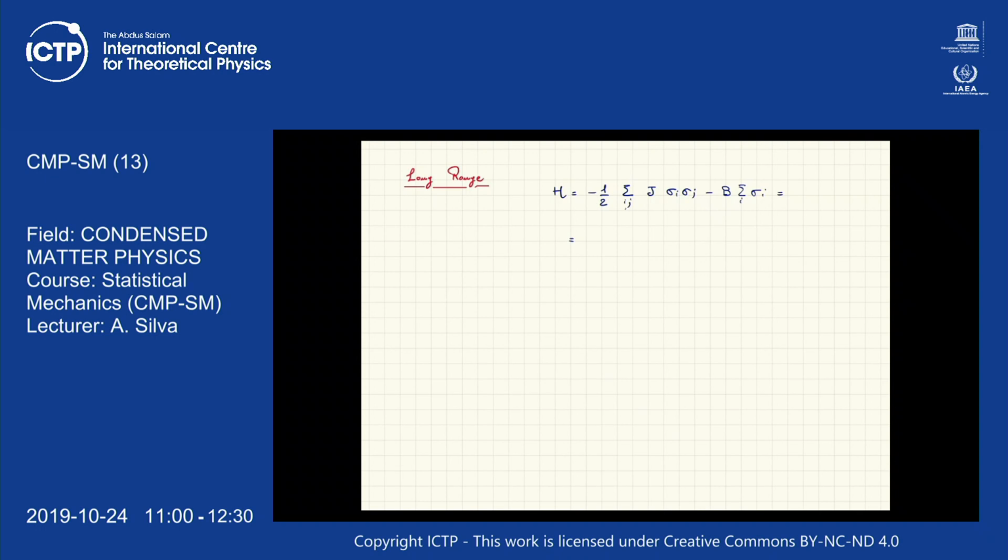In order to avoid this problem, typically when you consider a model with infinite range interactions, what you do is use what is known as the Kac normalization.